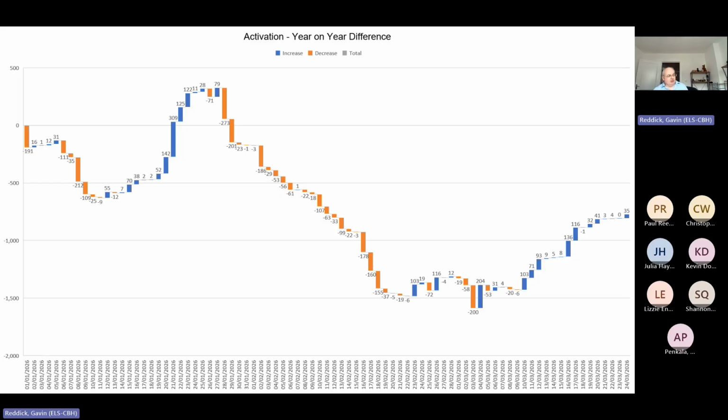You can see throughout February, things drifted down day on day pretty consistently, and then that changed, and over the last few weeks have gone up day on day. But overall, we're still a good chunk below where we were last year in terms of the number of people that have been active in the platform in Q1.